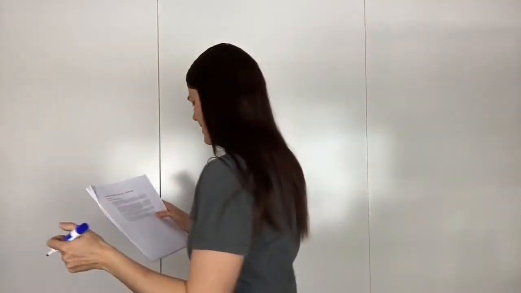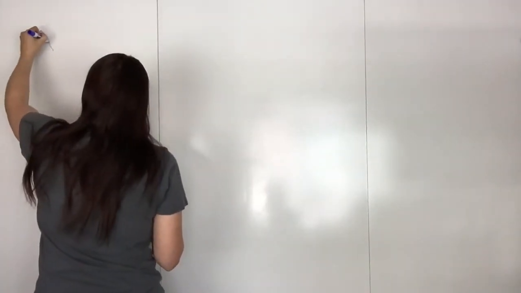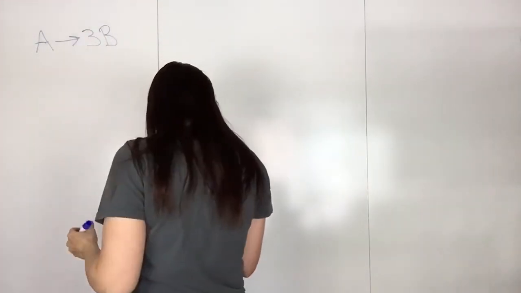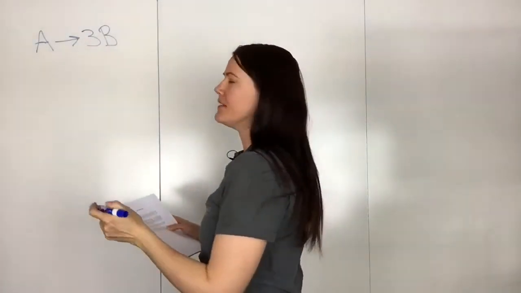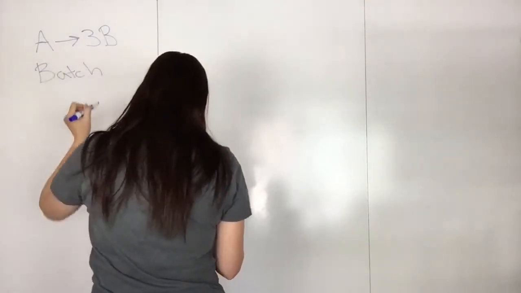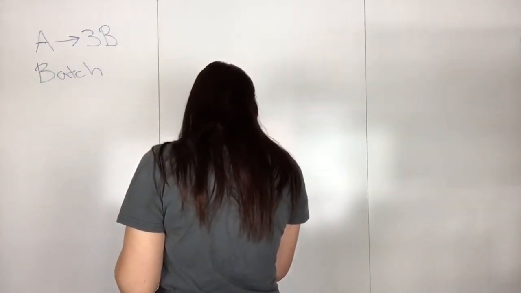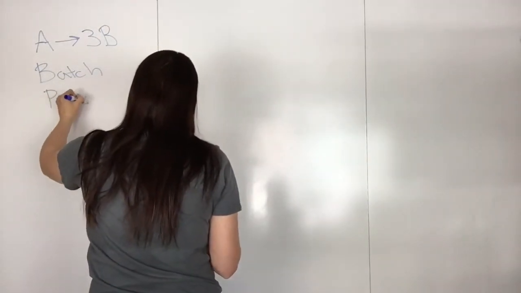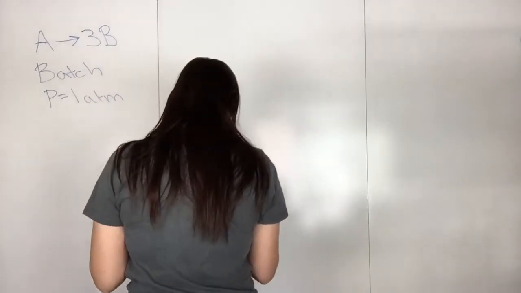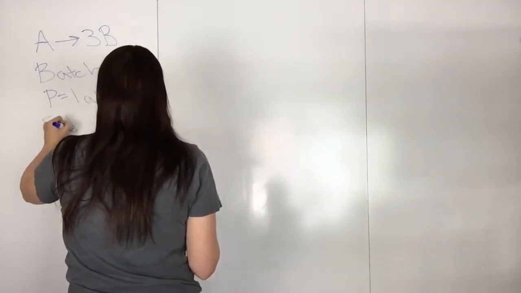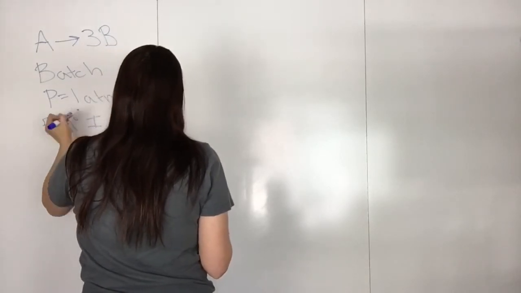So for the fourth problem, it says a first order reaction A to 3B is carried out in a batch reactor at 1 atmosphere, so P equals 1 atmosphere, with 50% inerts present, so 50% inert.